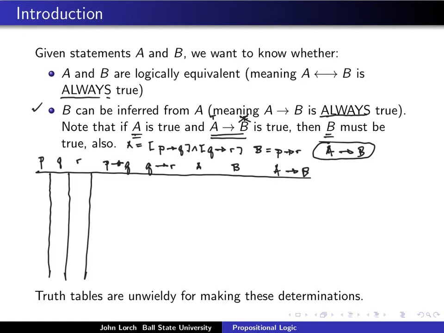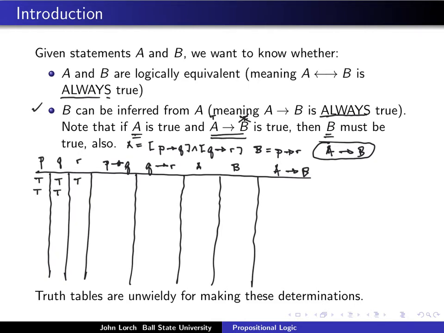And so now we need to fill in the rows with the truth values of all of these statements. So what about the component statements, P, Q, and R? Well, they could all be true, or P and Q could be true and R could be false, or maybe only Q is false, or both Q and R are false.